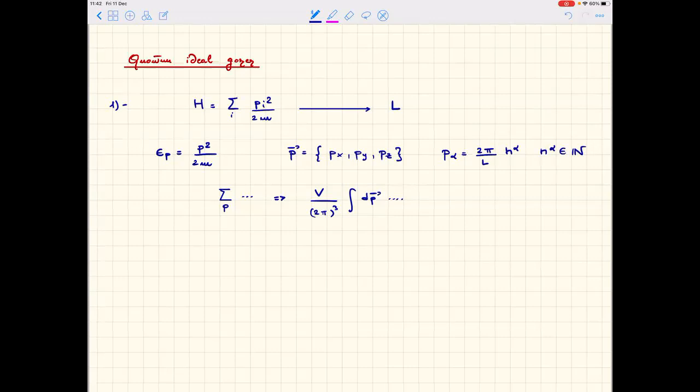So now the spectrum in general is going to be E equal to the sum over P of epsilon_P n_P. So epsilon_P is just P squared over 2m.